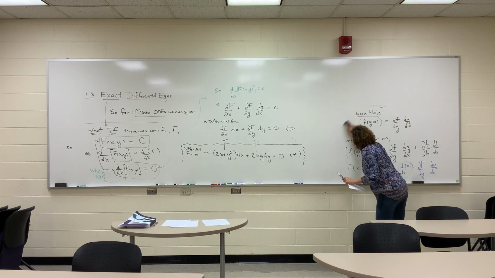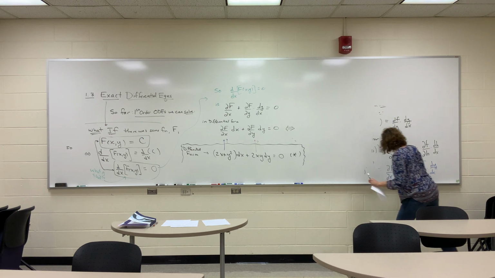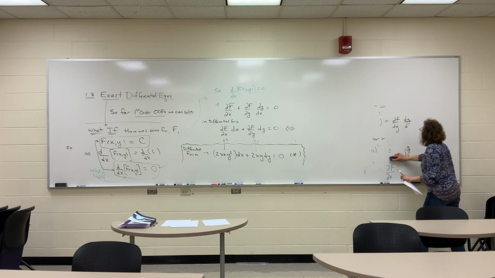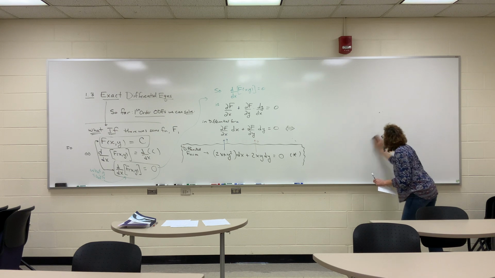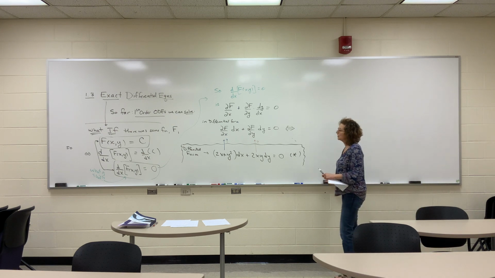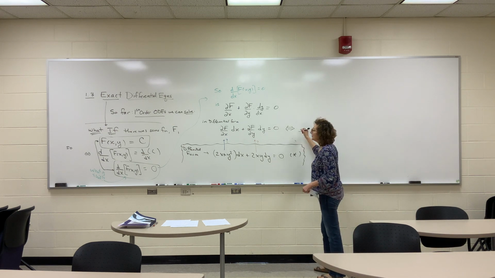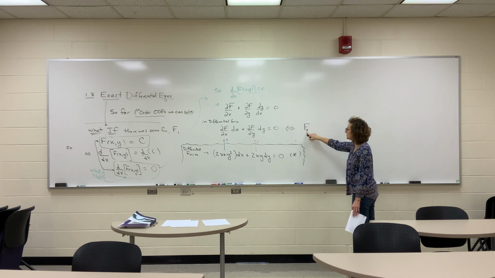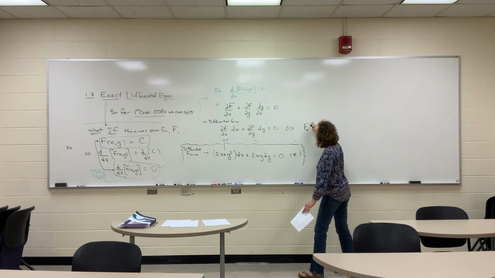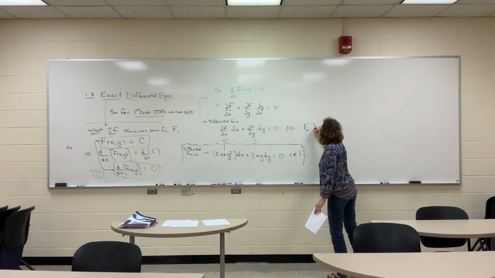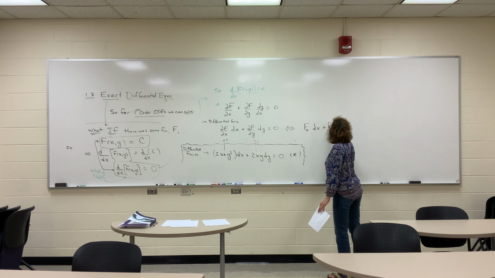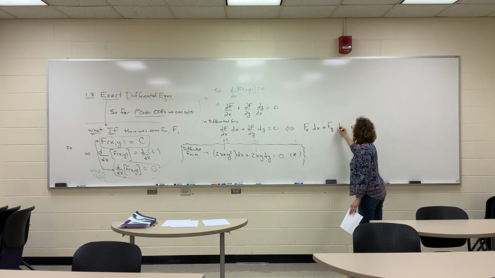So I think we already mentioned that sometimes when we're talking about partial derivatives, instead of writing out the big partial derivative notation, we just use the subscript notation. So this would be equivalent to writing f sub x. That means partial derivative of f with respect to x. That and that are the exact same thing, right? fx dx plus fy dy.